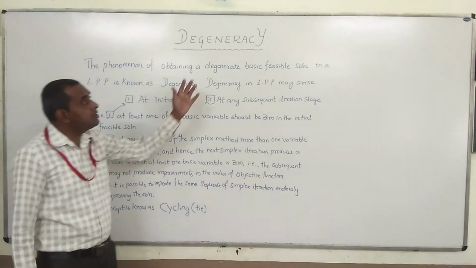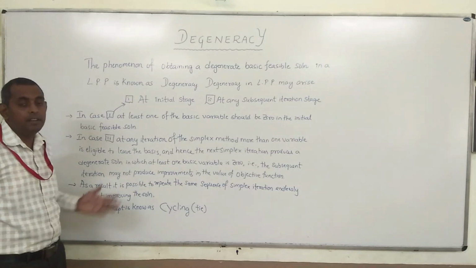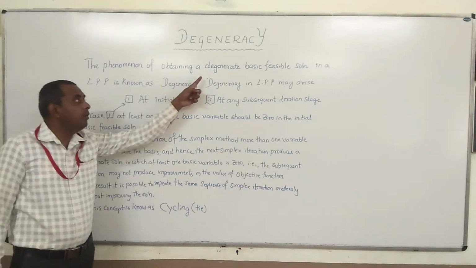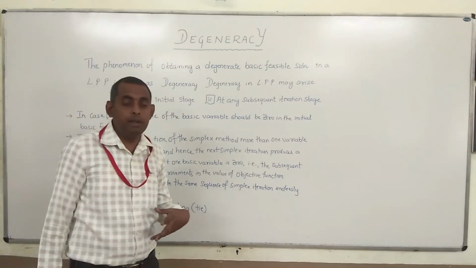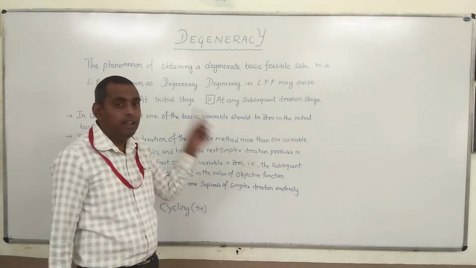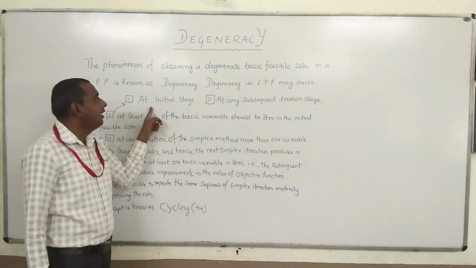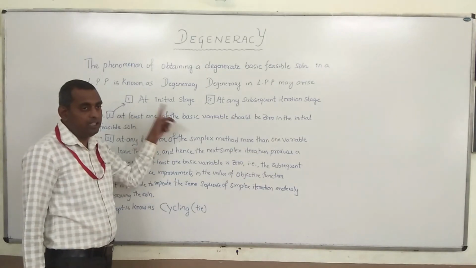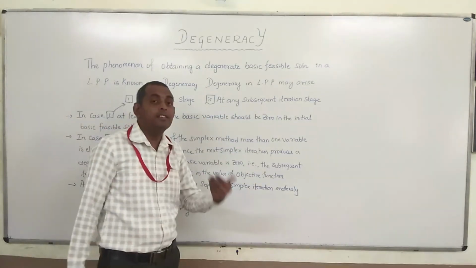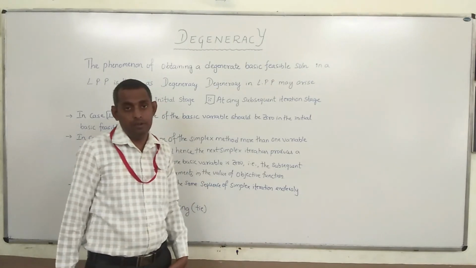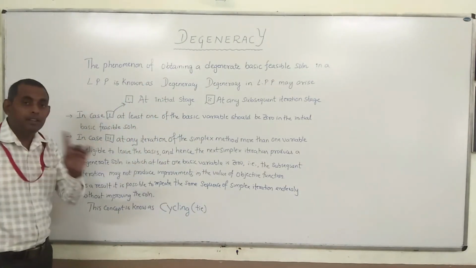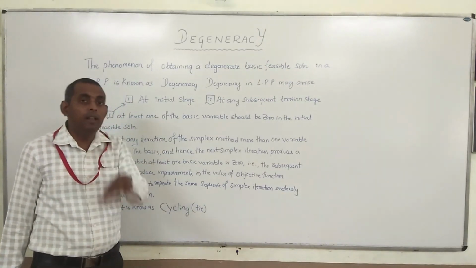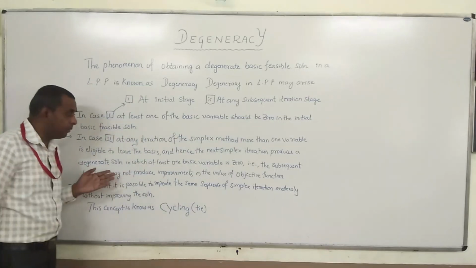This is the degeneracy concept: obtaining a degenerate basic feasible solution for an LPP is called degeneracy. We can get degeneracy in two cases: one at the initial stage and one at any subsequent stage of the iteration. At the initial stage, at least one basic variable should be 0 in the initial basic feasible solution.